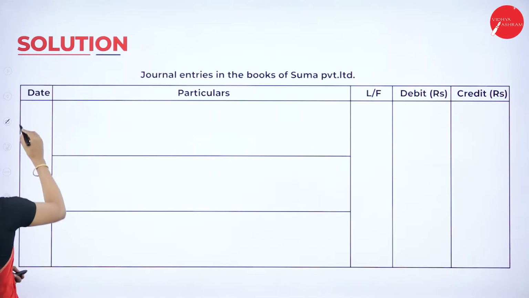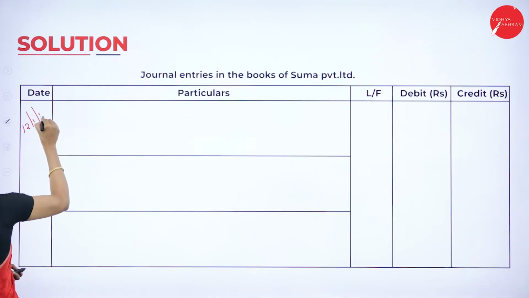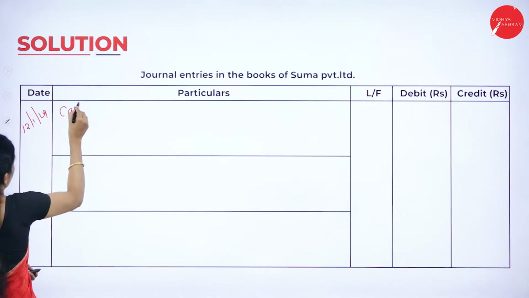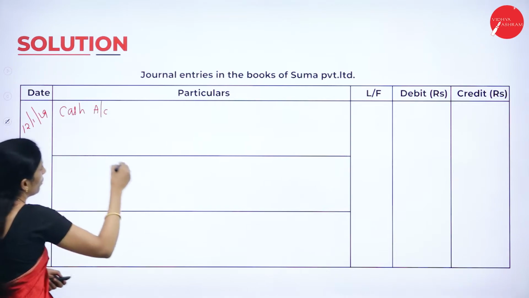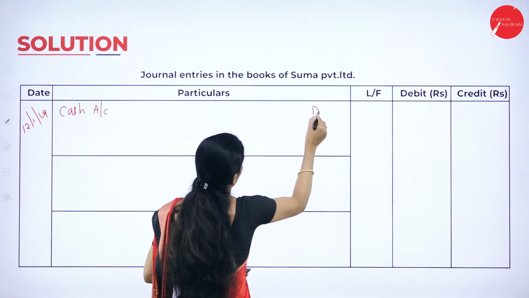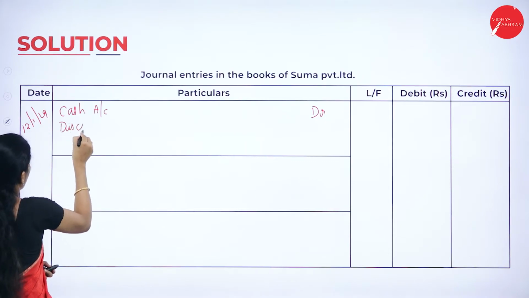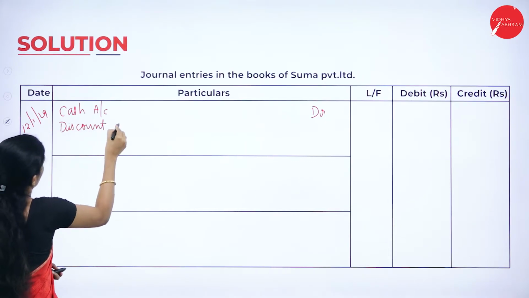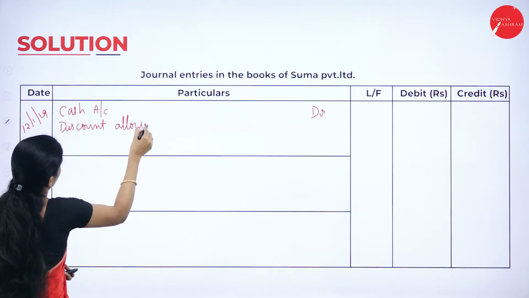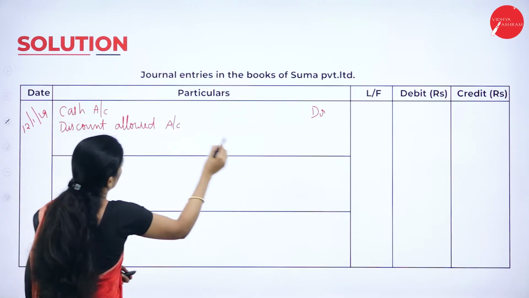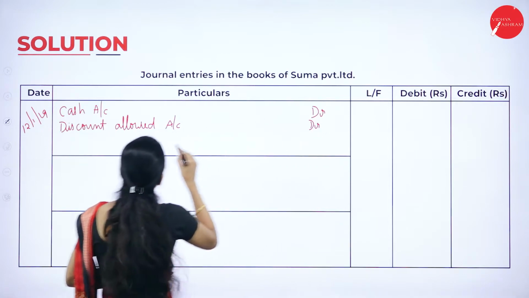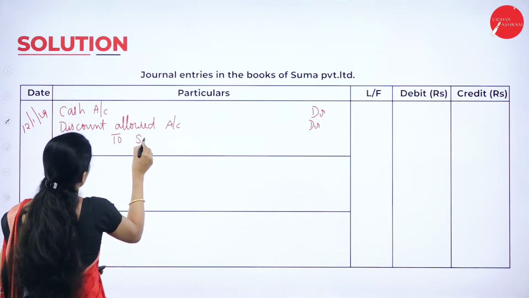That is 12th, 12/1/2019, we are receiving cash. So cash account debit, discount allowed account debit, to Sajan's account.